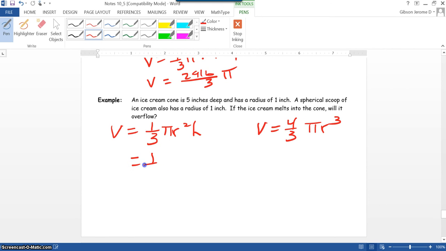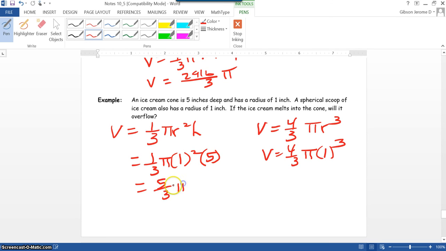So we have 1/3 times pi. The radius here is 1. And they say the inches deep, which would be the height, which would be 5. And then here with this sphere, I have 4/3 pi, and the radius would be 1. Now we would have, 1 squared is 1 times 5 is 5.